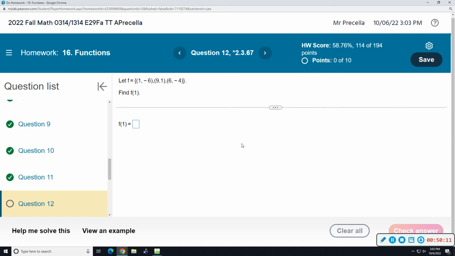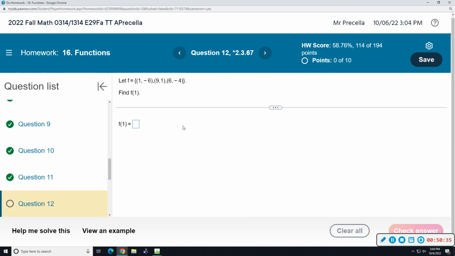Problem number 12. This is one you can do without any writing. The number in the parentheses is an x. When you're working with these functions, the answer is the y. What am I trying to say the answer is going to be here?